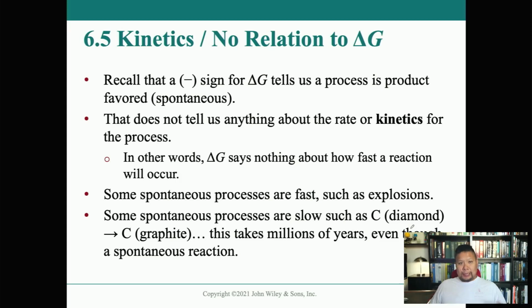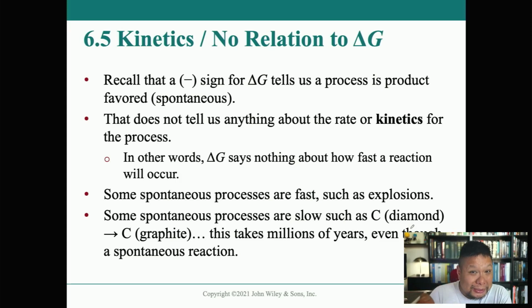So that brings us to kinetics, which has absolutely nothing to do with the delta G. The delta G tells you whether or not a reaction will occur spontaneously, based on its sign, negative if it's spontaneous. But the kinetics of the reaction actually tells you more about the rate. There are some spontaneous reactions that are super fast, like explosions.